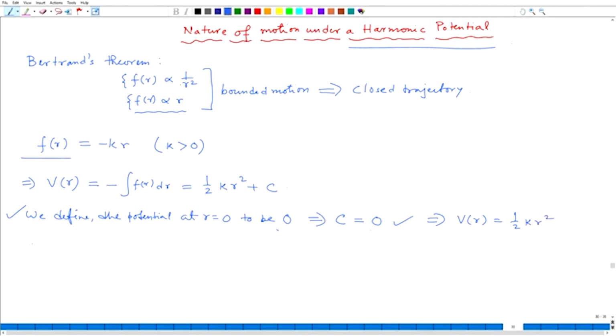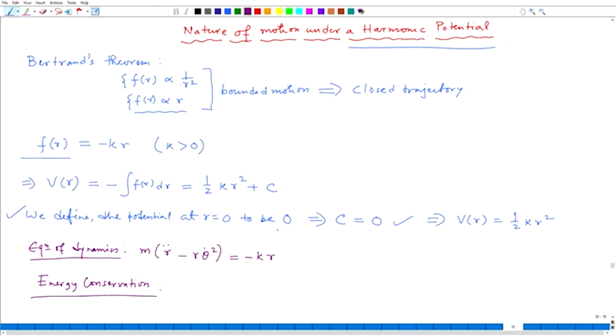Now, the equation of dynamics will be m (r double dot minus r theta dot square) is equal to minus k r, and the energy conservation will be given by E equal to half m r dot square plus L square by 2 m r square.